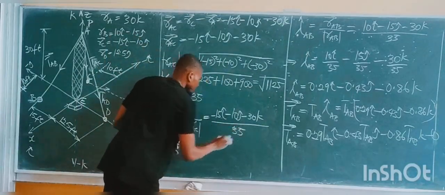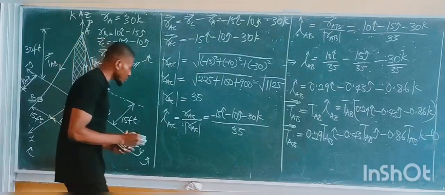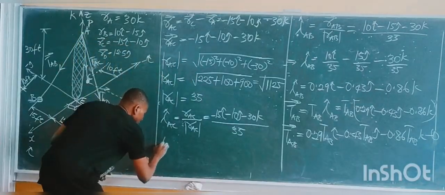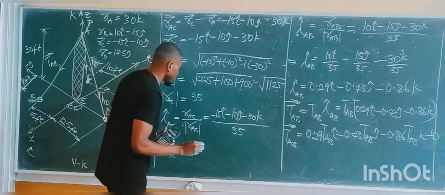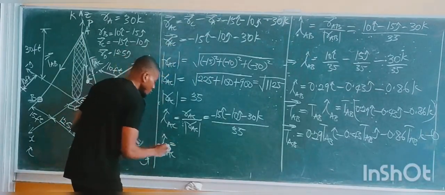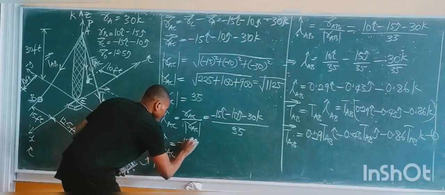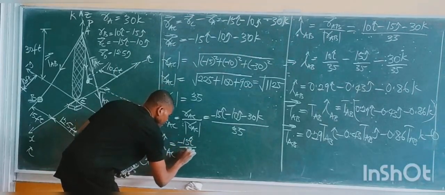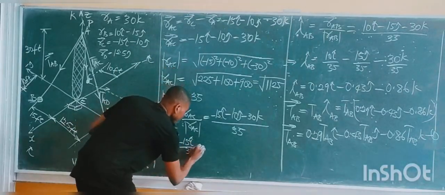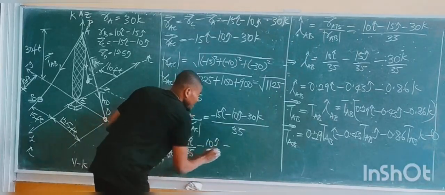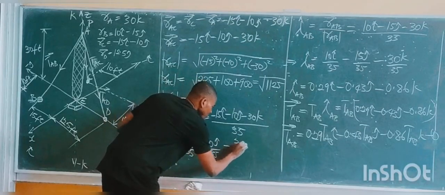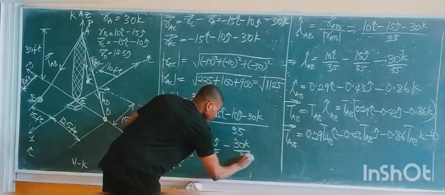So the unit vector in cable AC, you can simply break this into minus 15I divided by 35, minus 10J divided by 35, and then minus 30K divided by 35.